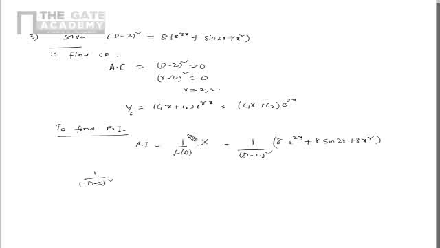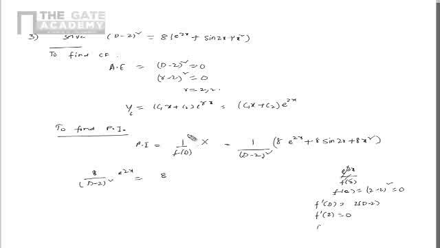Let's see, e power 2x into 8. So this will be basically 8 into, if I substitute 2, f of 2 will be 2 minus 2 whole square, which is 0. So I need to use the other rule. Now f dash of D will be 2 times (D minus 2) into 1, and here also f dash of 2 will be 0.